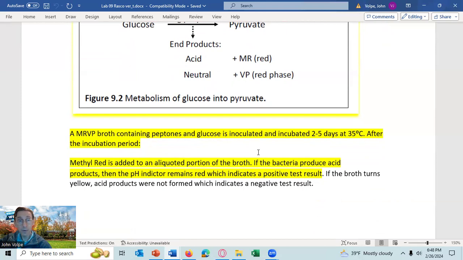In the MR portion, you run the MR test by simply adding methyl red to the MR tube. And if acid products are made, the pH indicator methyl red will remain red in color, and that will be positive for the MR test.